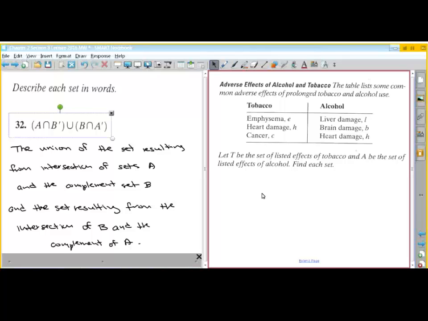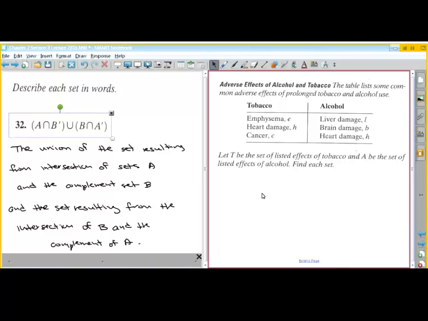We're talking about the symptoms or the results of various bad habits here. So we have two bad habits: smoking, using tobacco, which causes emphysema, heart damage, and cancer. There's probably more, I'm sure there's more, but we're going to just stick with 3. And alcohol can give you liver damage, brain damage, or heart damage.